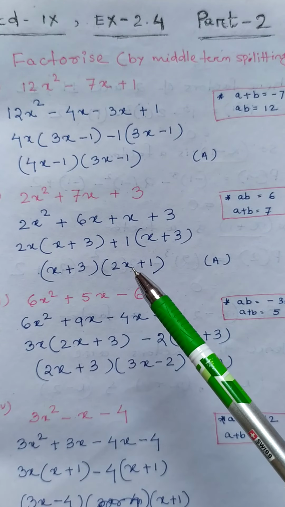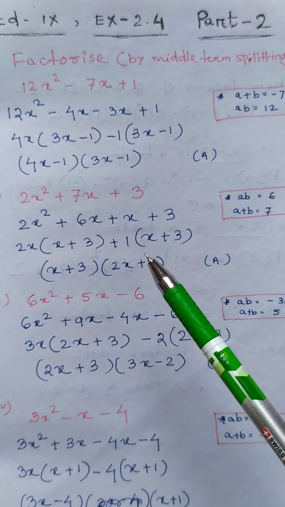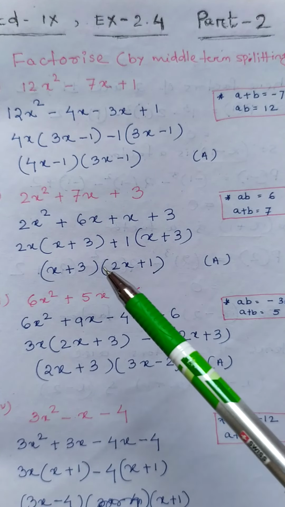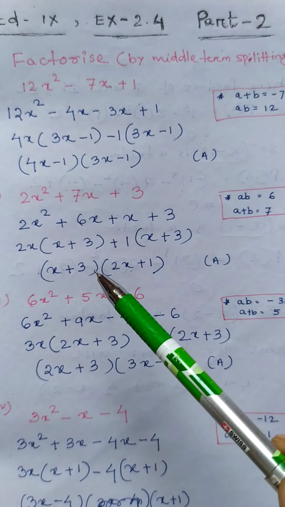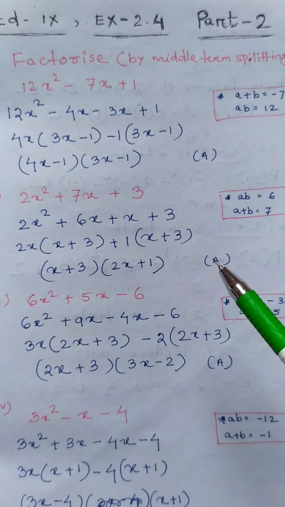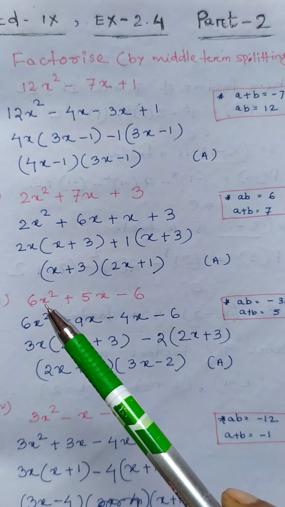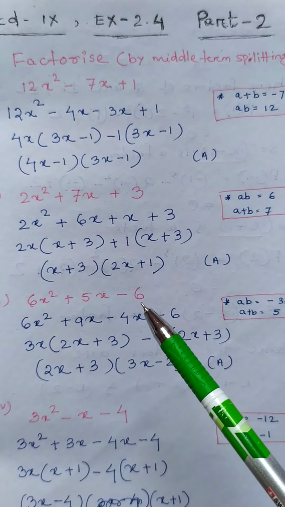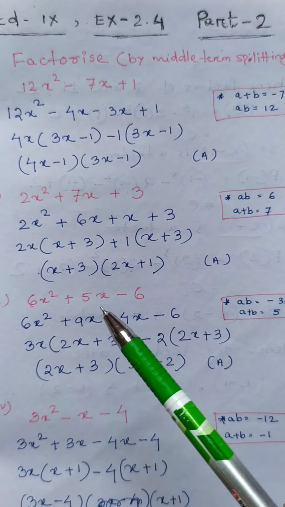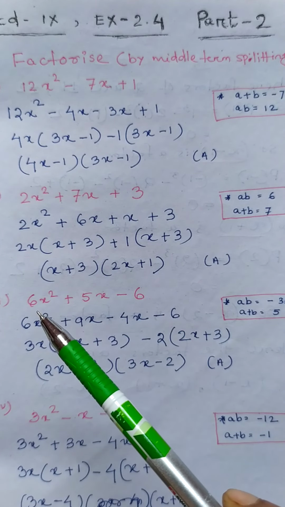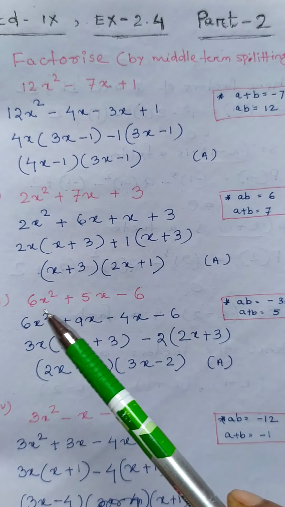This concept is already taught; we already know this concept from standard 9. So x plus 3 whole into 2x plus 1 is the required answer. Coming to the next bit, it is given 6x square plus 5x minus 6. Here the product is minus 6 into 6, that means minus 36, and the sum should be plus 5.